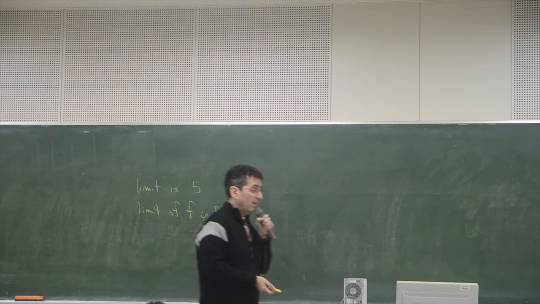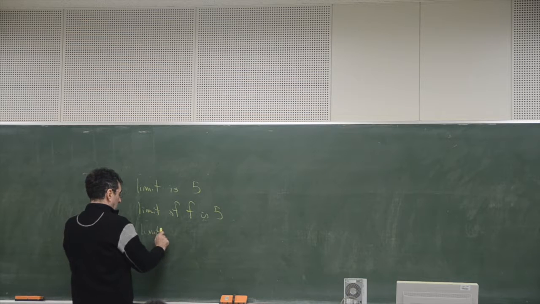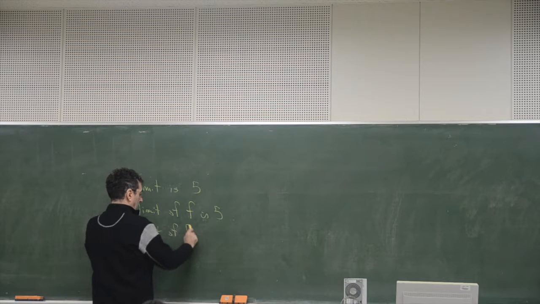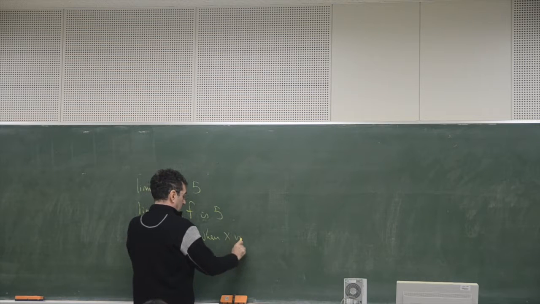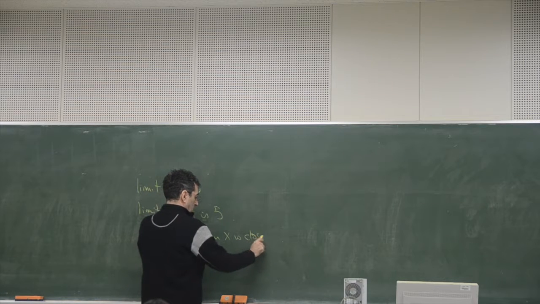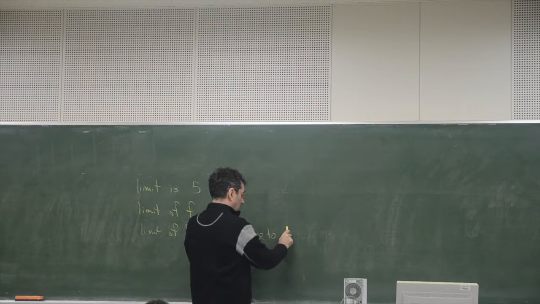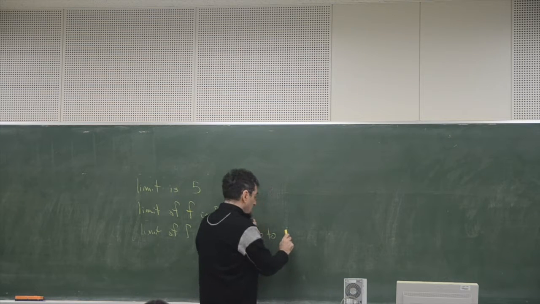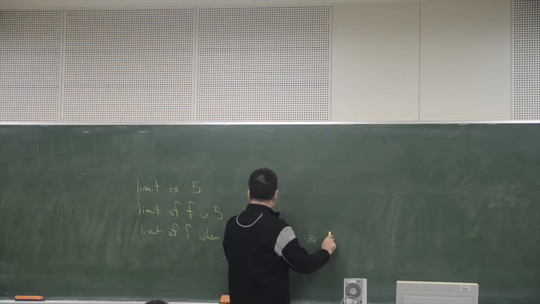So if we want to state it all clearly, we should say the limit of f when x is close to 3 is 5.